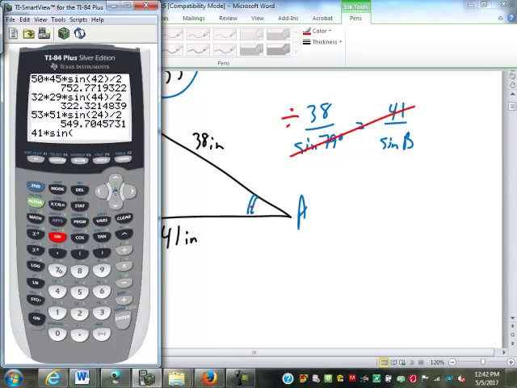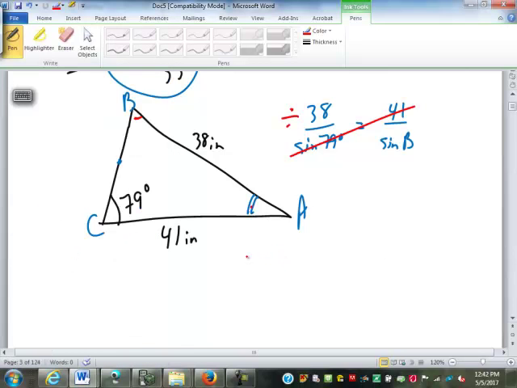Times sine of 79, close parentheses, divided by 38. Oh, I get an issue there, don't I? 1.06. That means this triangle cannot exist the way it does.